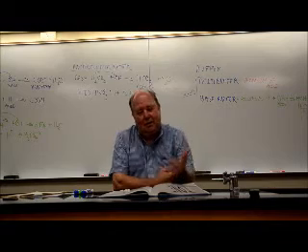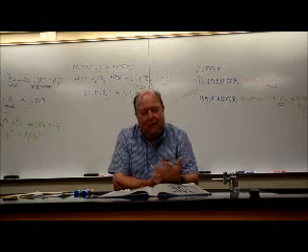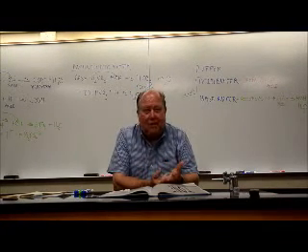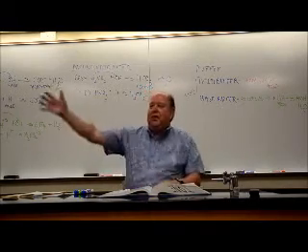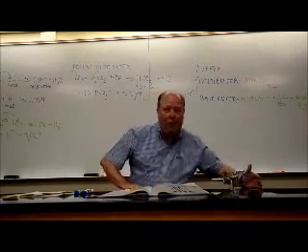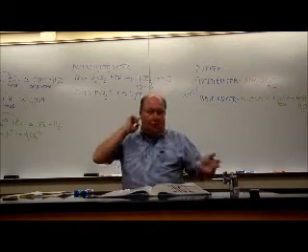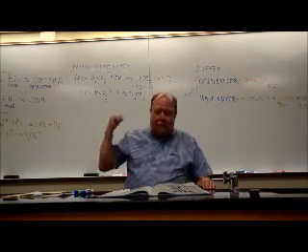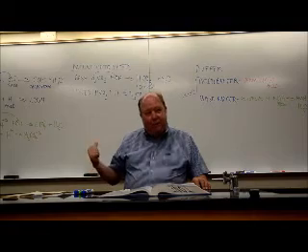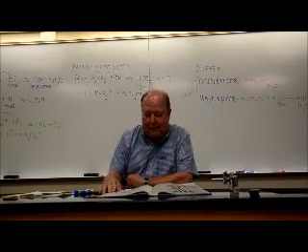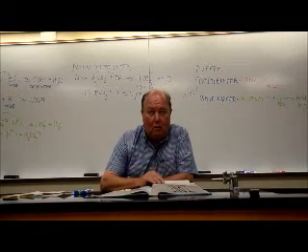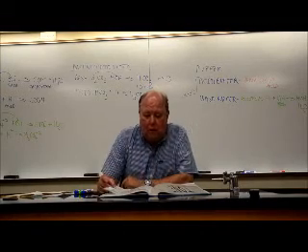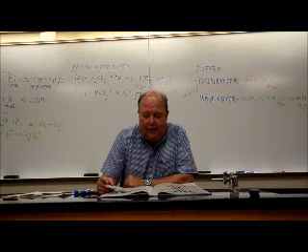So a buffer is anything that maintains a constant pH by neutralizing acids and bases. And you can have a buffer at pH 10, you can have a buffer at pH 1, you can have a buffer anywhere in the pH scale. It's just that the blood chemistry buffer happens to be at 7.4 because that's what we're trying to maintain. Can you repeat that definition, please? Anything that is able to neutralize an acid and a base.